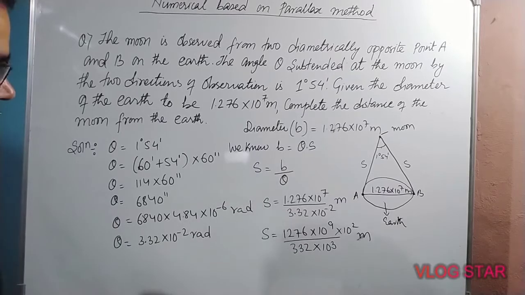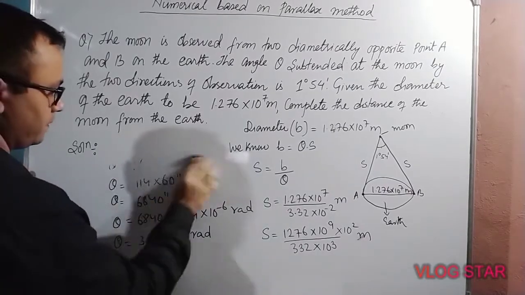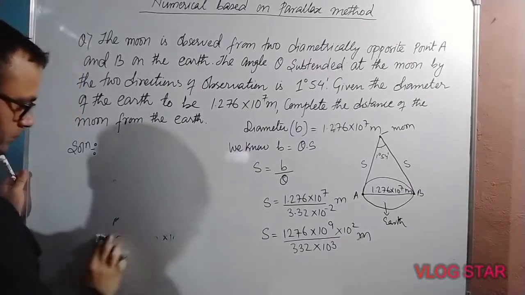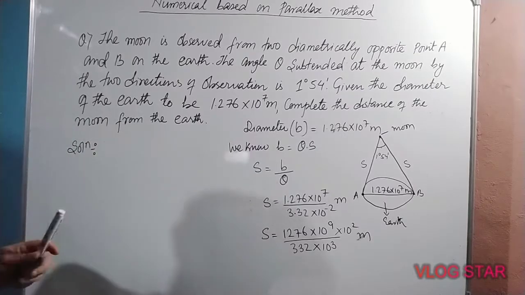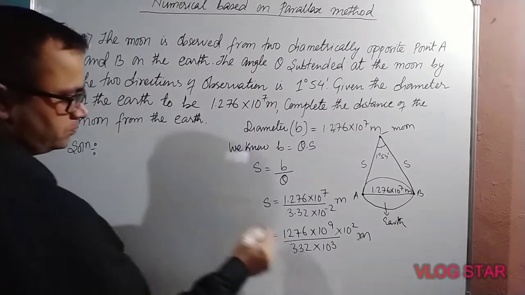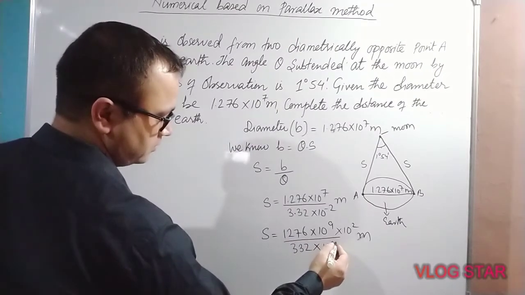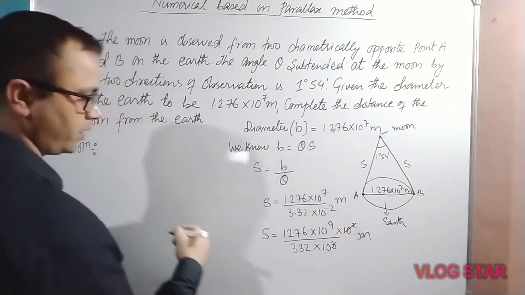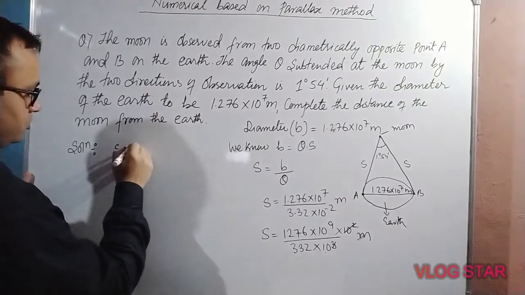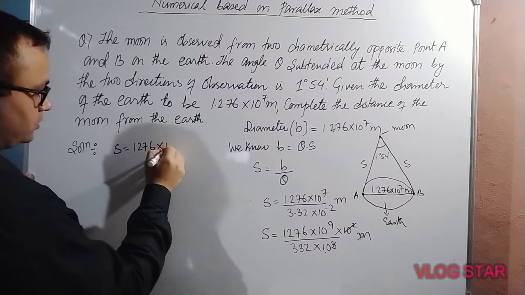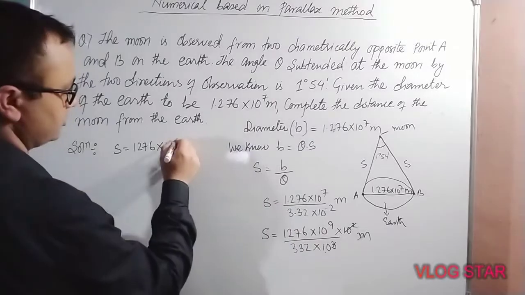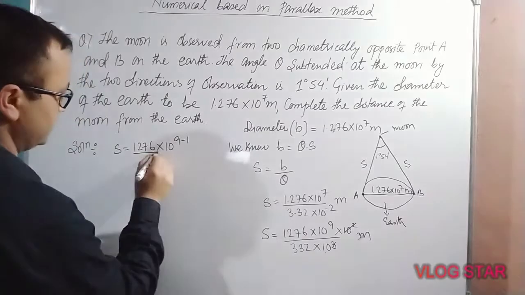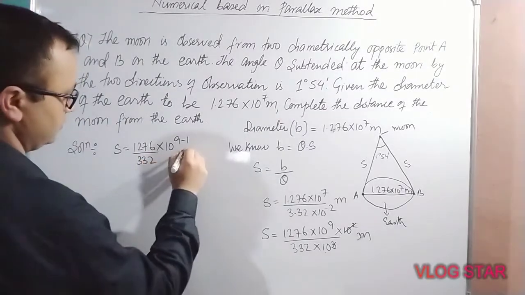Then we can cancel 10 to the power 3 and 10 to the power 2, so only 10 to the power 1 is left. s equals 1276 into 10 to the power 9 minus 1, divided by 332, in meter.